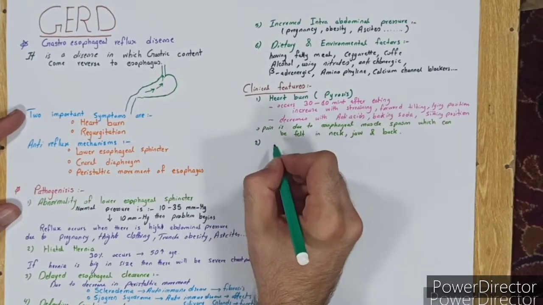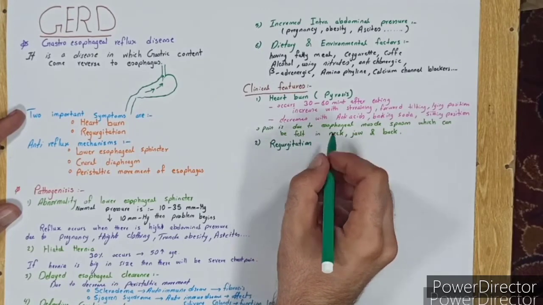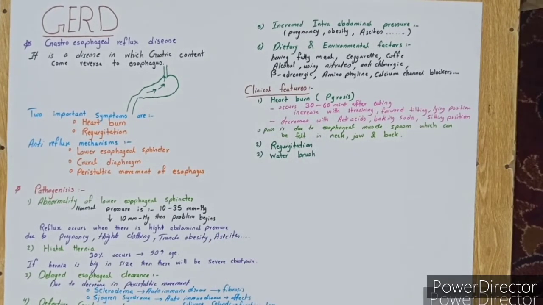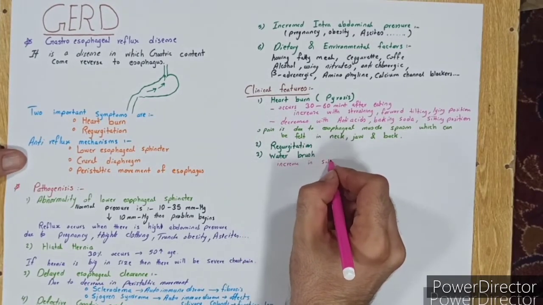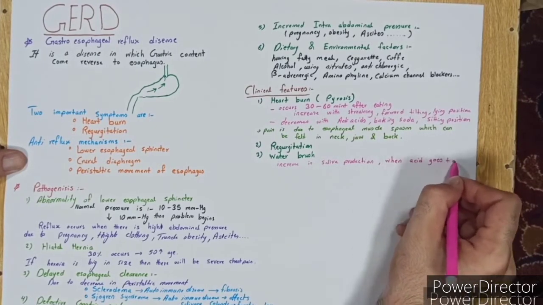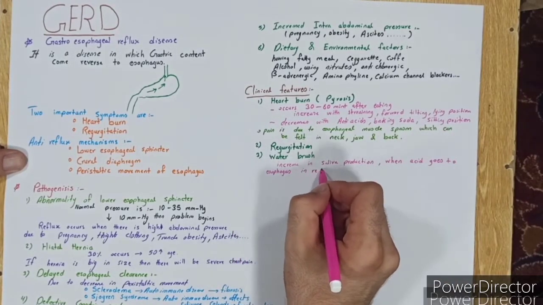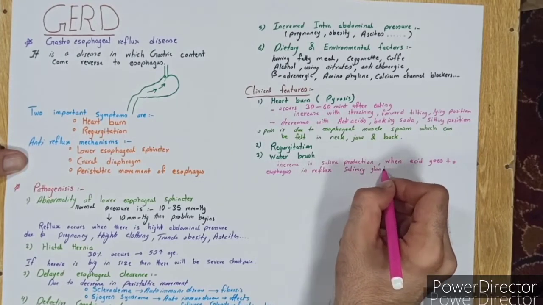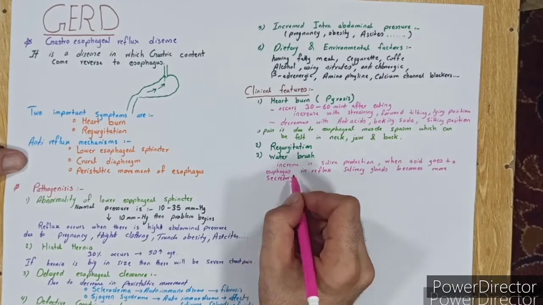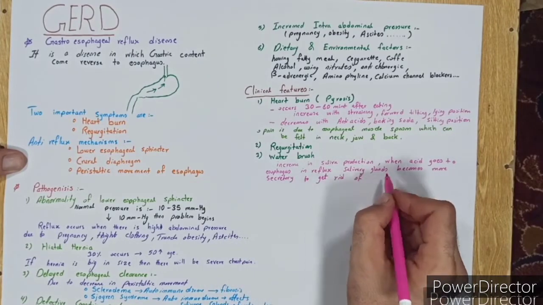Other clinical features are regurgitation and water brash. Water brash is an increase in saliva production. When acid goes to the esophagus in reflux, the salivary glands become more secretory in order to get rid of the acid.